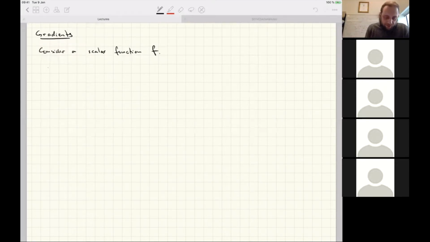If I have such a scalar function, I can take the gradient of f. And if we use the chain rule again, this is df/dχ^a times the gradient of χ^a.